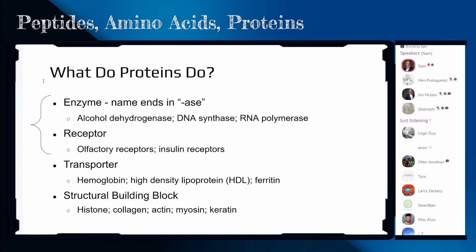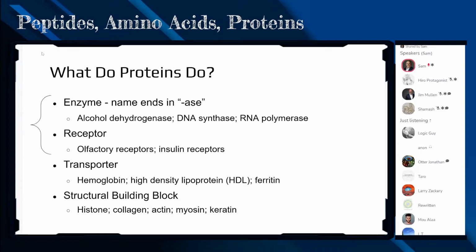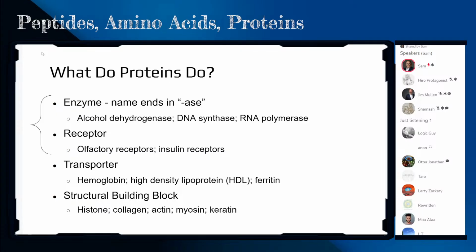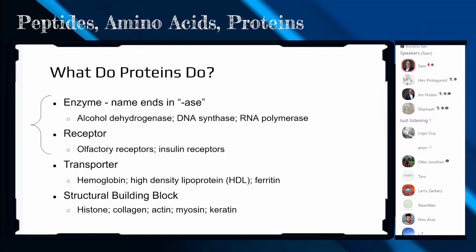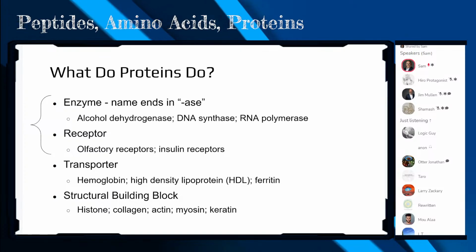For example, hemoglobin is a transporter protein for oxygen, or high density lipoprotein transports cholesterol. Ferritin transports and stores iron in the body. And so, if you really want to know whether you're anemic or not, you can't just go with your hemoglobin count or red blood cell count. You have to get your ferritin count too to see how much iron you have stored in the body.